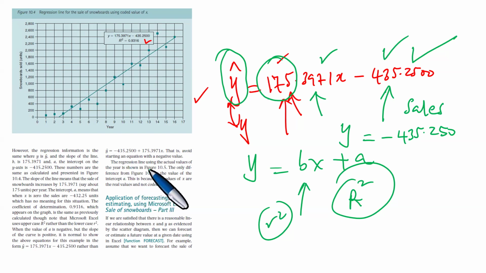The regression line using the actual values of the year is shown in figure 10.5. The only difference from figure 10.5 is the value of the intercept A. This is because the values of X are the real values and not coded values.